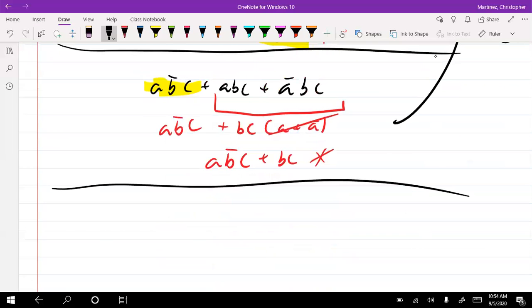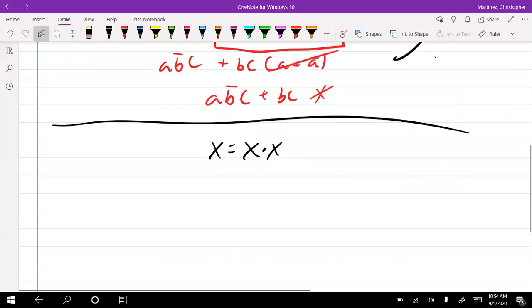So let's look at something. Remember, if I said I had something that was X, I can also explain X as X and it with X. So we're looking at the reduction simplification theorem in the reverse order. So let's use that here.